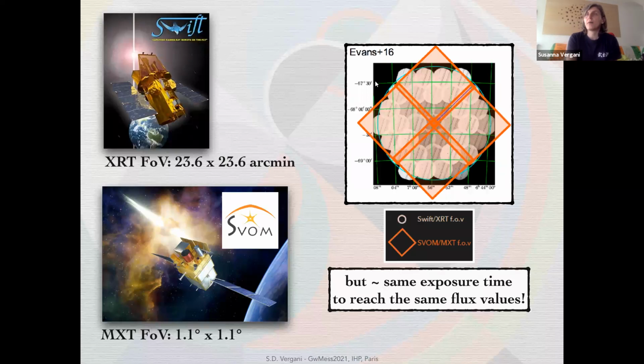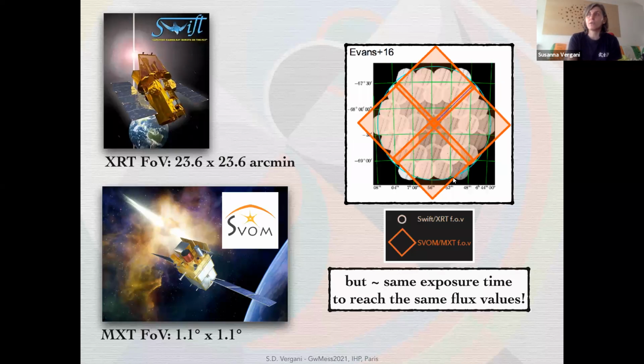This is a comparison of the coverage of a region of about 2 degrees by 2 degrees using Swift or using SVOM, okay? As you can see, with SVOM just 4 points are enough to cover the region. Swift needs many more points, but as in the optical, we have the same problem: a large field of view usually corresponds to less sensitivity.